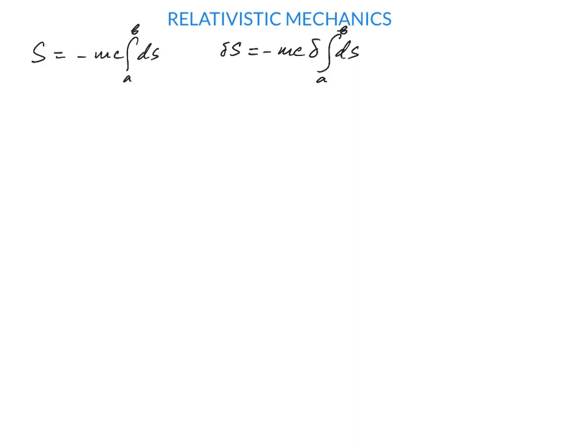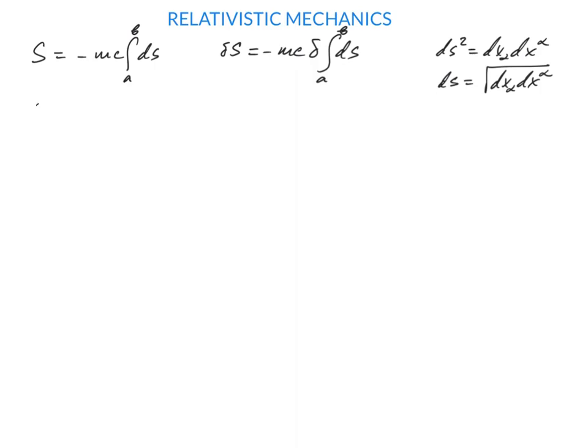So how do we vary this thing? Well, recall that ds squared is dx alpha contracted with itself. That means that ds is a square root of dx alpha dx alpha. Now we need to vary the trajectory, vary the world line, essentially.